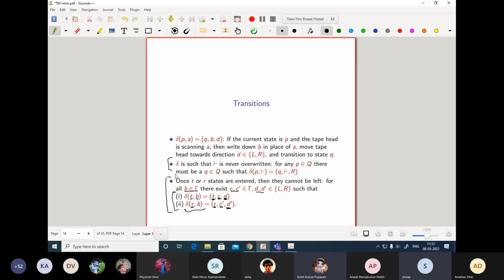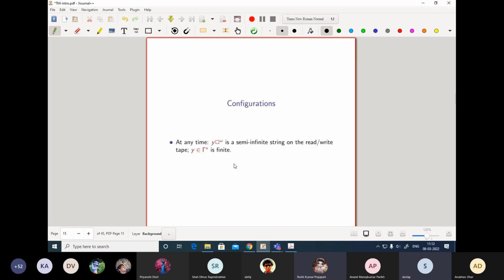Okay, so next we'll come to configurations, similar to configurations that you've seen in pushdown automata. At any point of time, notice that I will be having a semi-infinite string on the read-write tape. A portion of it will be finite. First there will be a left-hand marker, and then there will be some y followed by all blank symbols.